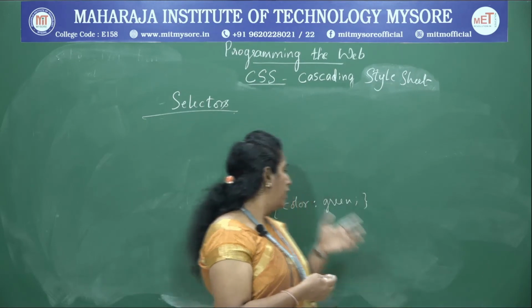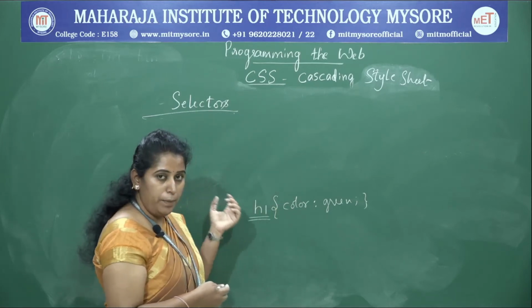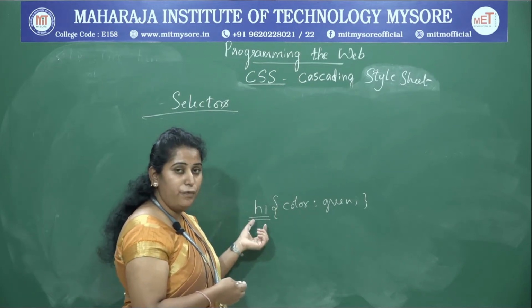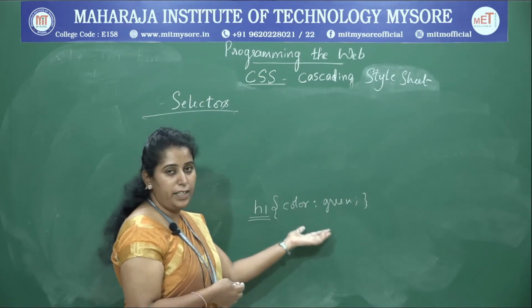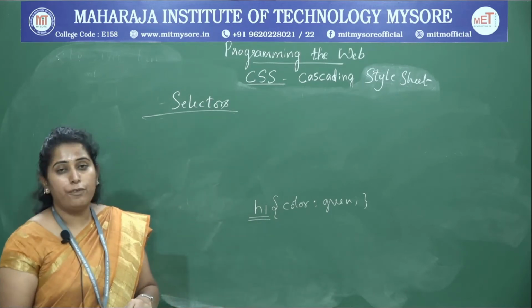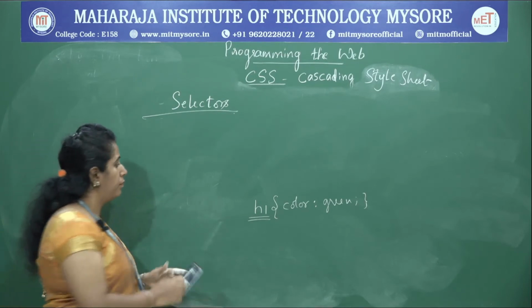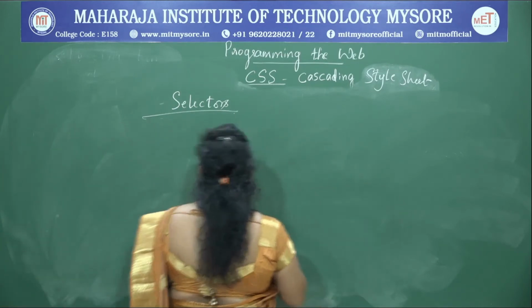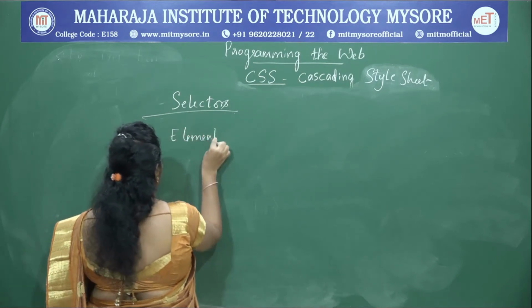In that way selectors are so important because they identify for which particular tag in an HTML we are setting the style. Okay. Now there are different types of selectors. First one I am going to discuss is the element selector.